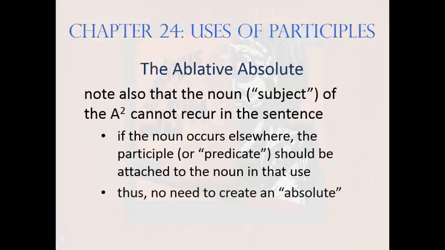Why create a separate absolute construction when you don't have to? So if there's any way to incorporate into the main sentence the thought embodied in an A squared, do it. Often it's possible to use the direct object or some other noun in the A squared, not just its subject. In theory, nothing in the A squared should reappear in the main sentence.